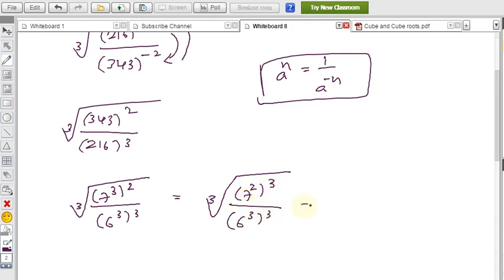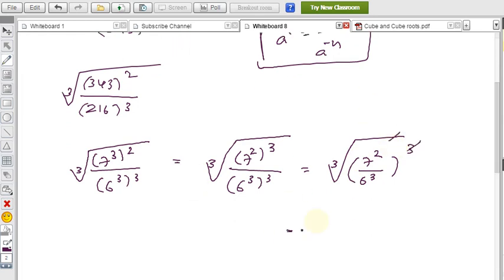So cube root of 7 power 2 by 6 power 3, overall cube. Then cube and root get cancelled. Then the rest of the values are 7 square by 6 power 3. So 7 square is 49, 6 cube is 216. Okay, power should be the same, then only the cube and cube root can cancel. 49 by 216.